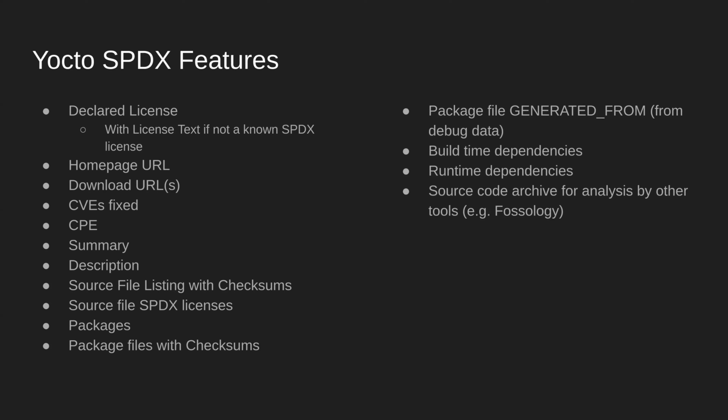We do scan the upstream source code files for their SPDX license identifiers. We can produce all the packages and the checksums of the package files, and also the build time and runtime dependencies. And as Michael alluded to, we can generate those source code archives for analysis by other tools, like if you wanted to do Busology.